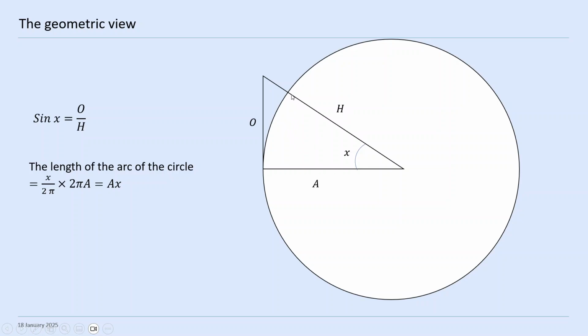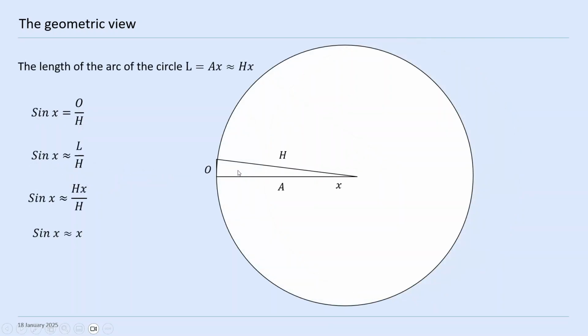We can say the length of this arc is firstly 2 pi a, which is just the circumference of the circle, times x over 2 pi, which is the proportion of the circumference of the circle that's in the arc. Because, of course, there are 2 pi radians in a full circle. So it's x over 2 pi times 2 pi a. Magically, the 2 pi's cancel, and we get a times x, or ax. So that is very clever.